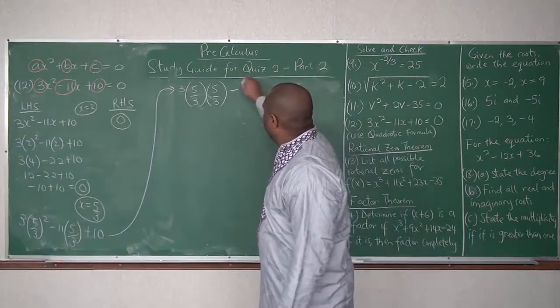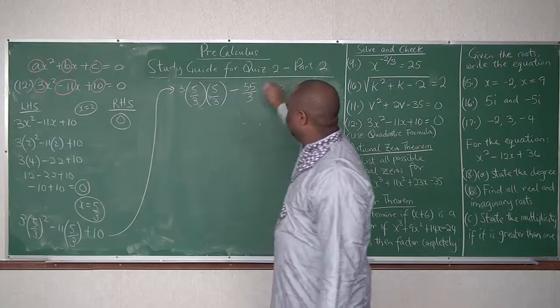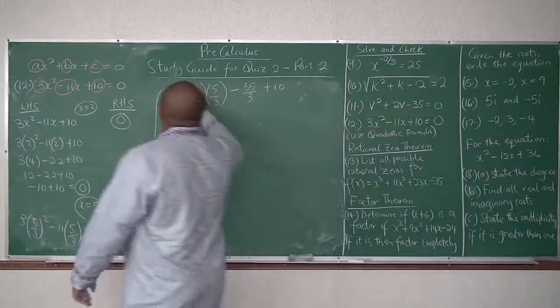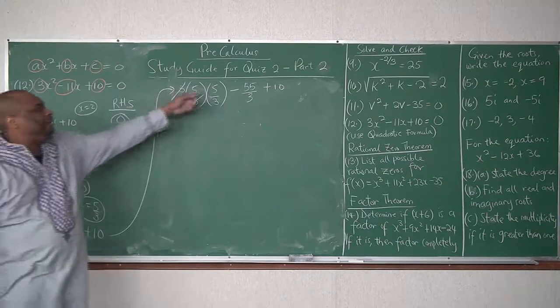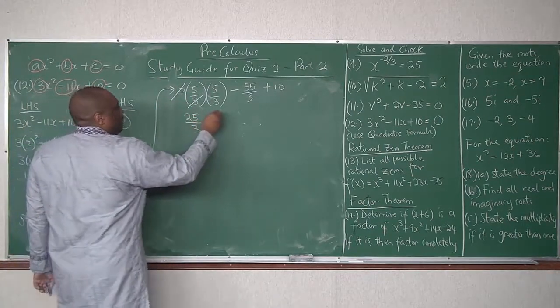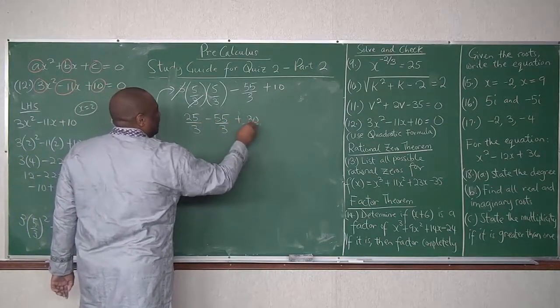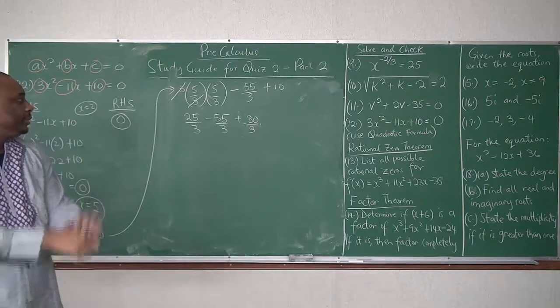Minus 55 over 3 plus 10. Right? So I can cross out this. 5 times 5 is 25. 25 over 3 minus 55 over 3 plus 30 over 3. So I can put all of them in the same denominator.